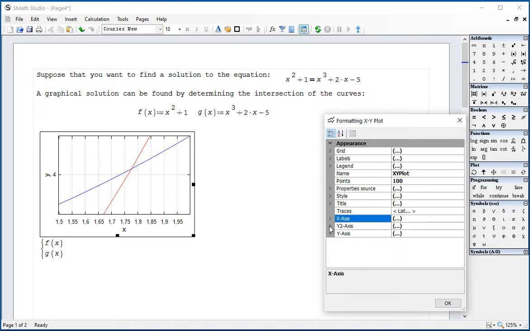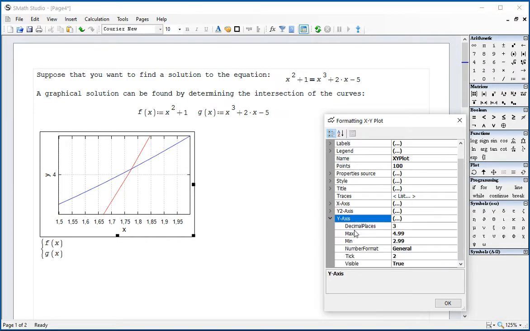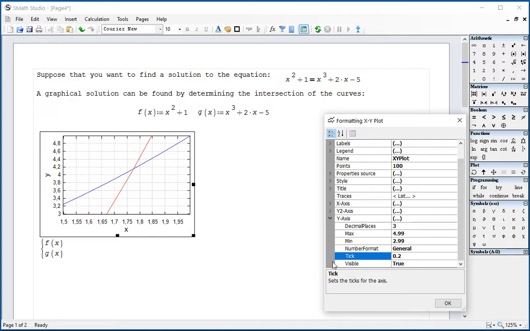And in the vertical direction, let's try 0.2. So we're seeing a solution there between 1.75 and 1.8 and between 4 and 4.2.